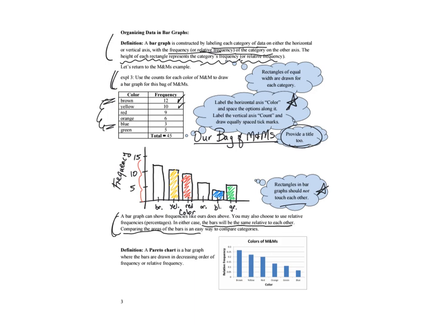In fact, take a look at this now and then poof, I've changed it into relative frequencies. And all I did was I changed the title, the axis label, and these numbers here. But you'll notice the bars are still the same. So that's kind of cool to know.